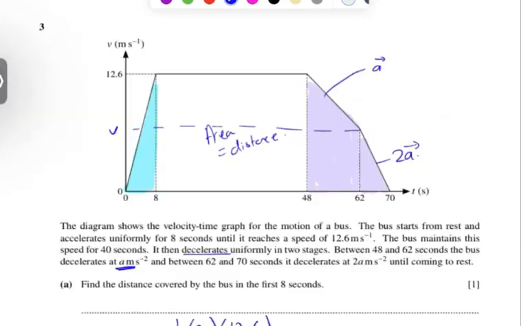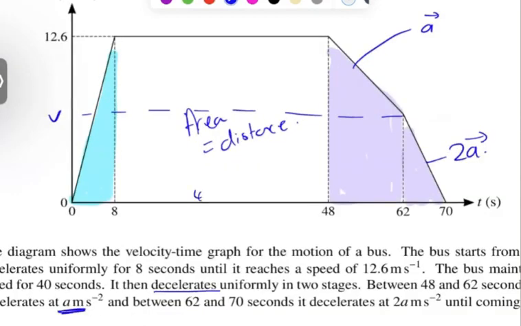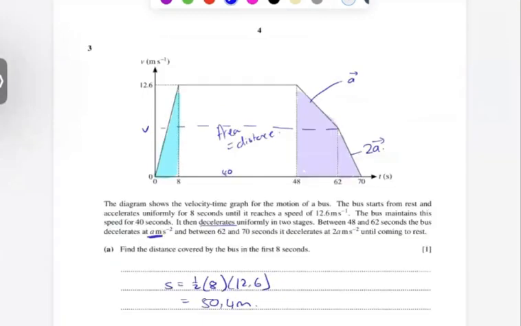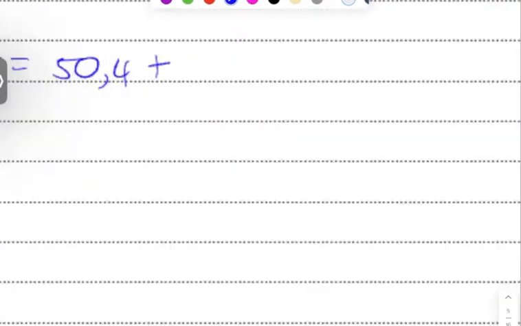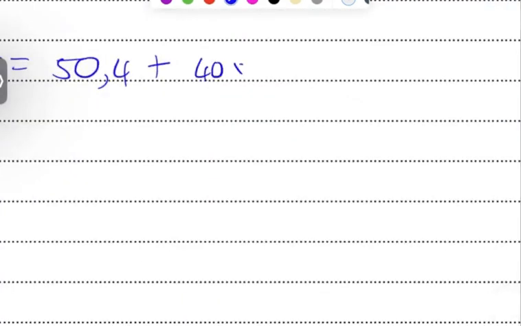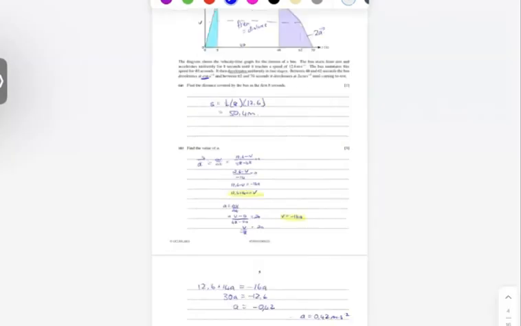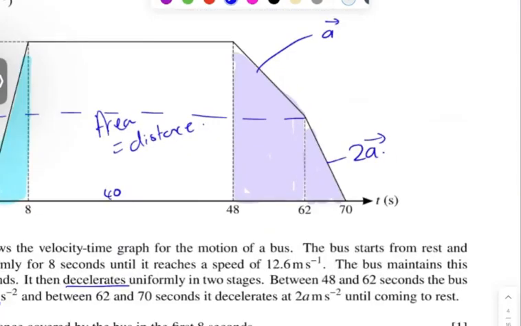So here my length is 40 and then 12.6. I'm just going to actually put in brackets 12.6. Now I believe I have a trapezium here. Okay, so if I look at my height of my trapezium, I'm going to say 62 minus 48, and that gives me 14.